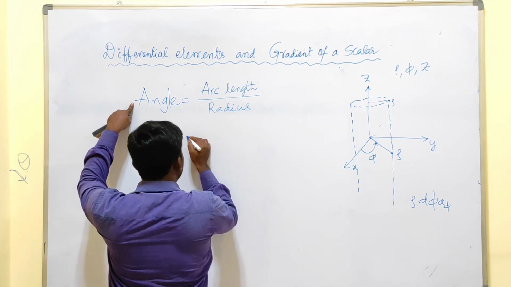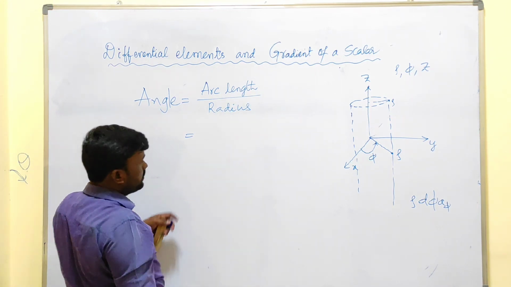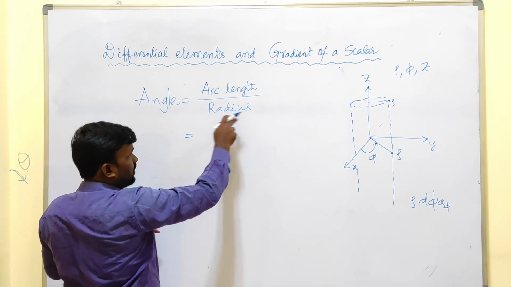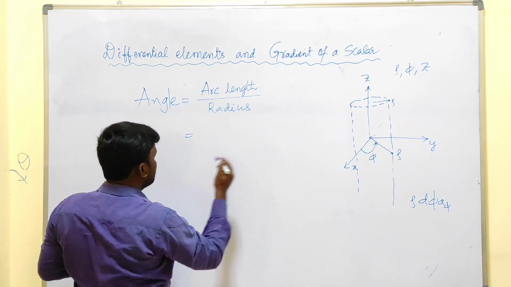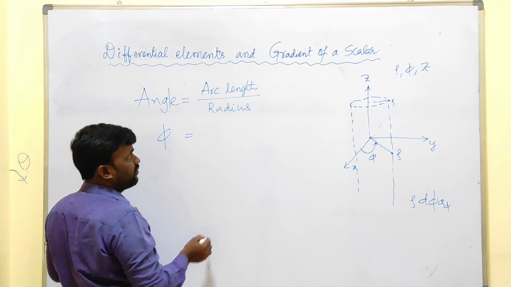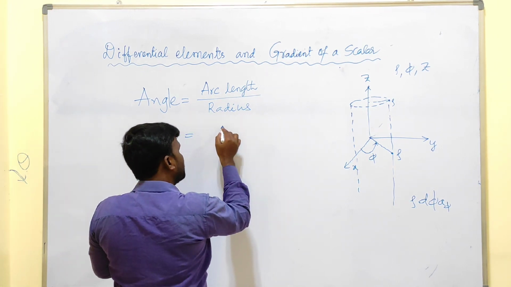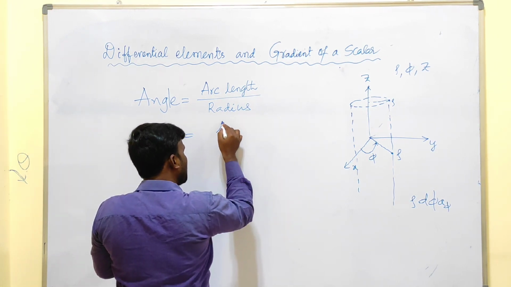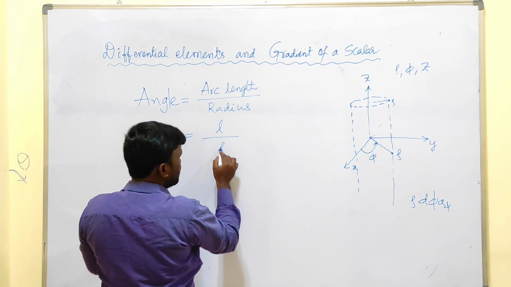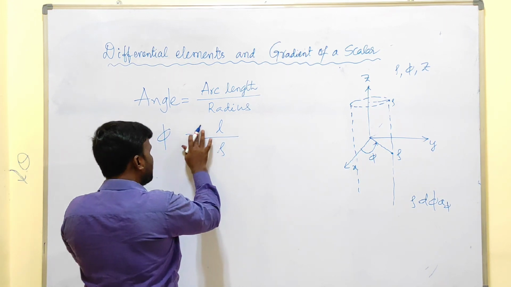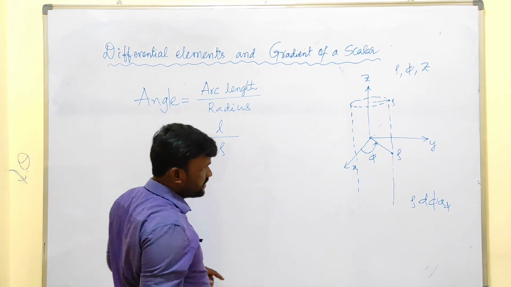Now substitute. What is the angle in this case? That is our phi. And what is the length? Arc length, so let us say some L, and the radius is given as rho.